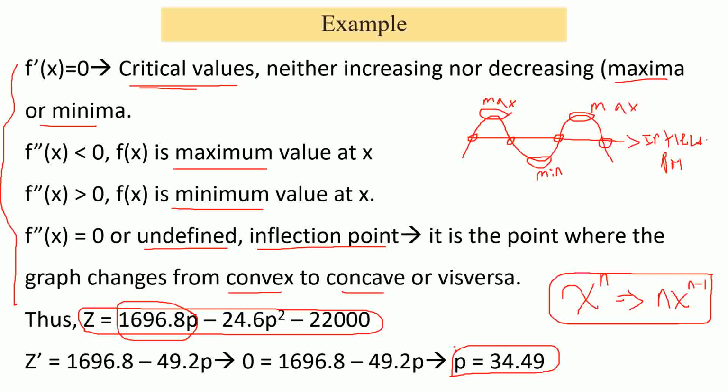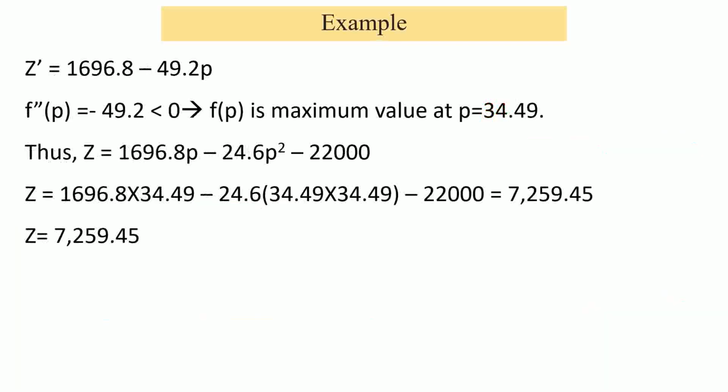So we get p equals 34.49. When we differentiate for the second time, just to know whether it is maximum or minimum, that is the double derivative. This one is the first derivative, so when we differentiate it for the second time, we get minus 49.2.